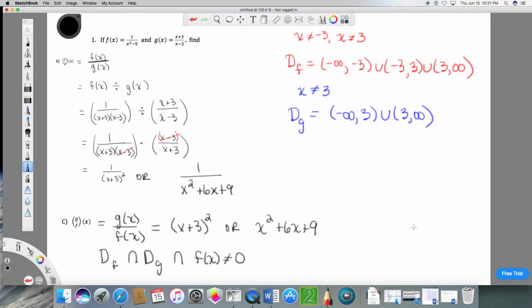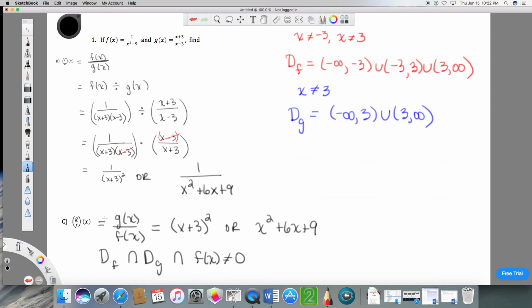If you have a fraction and that fraction reduces to 0, it's because the numerator is 0. If the numerator is never 0, then that fraction is never 0. So I do not have an additional restriction. F in the denominator, I don't have to worry about it. Even though I have a variable in the denominator, I'm never going to have division by 0.